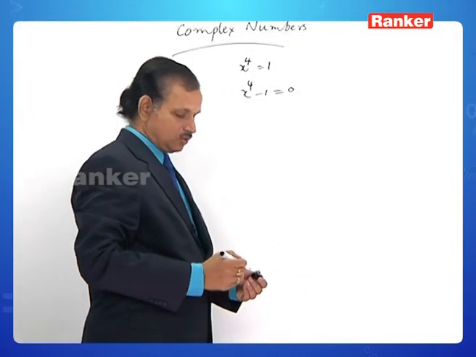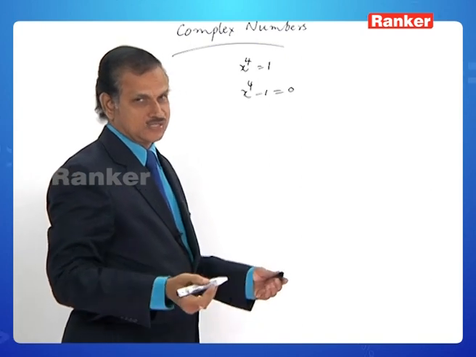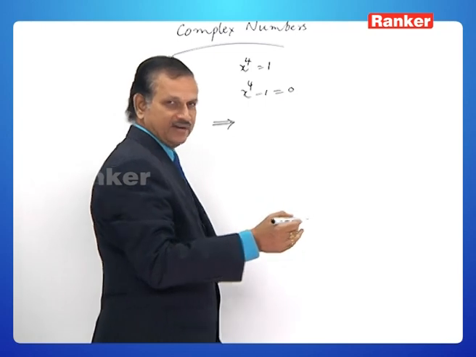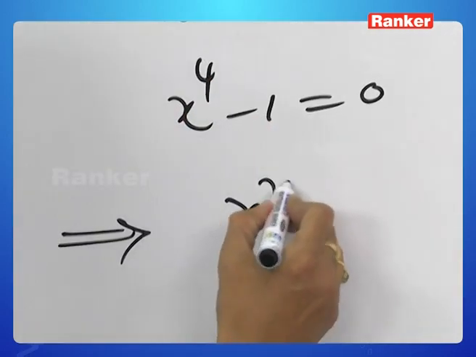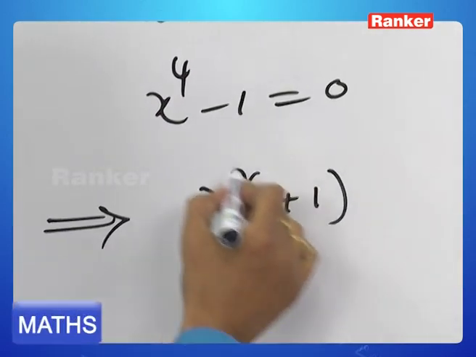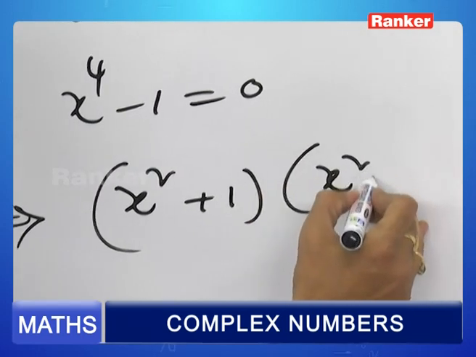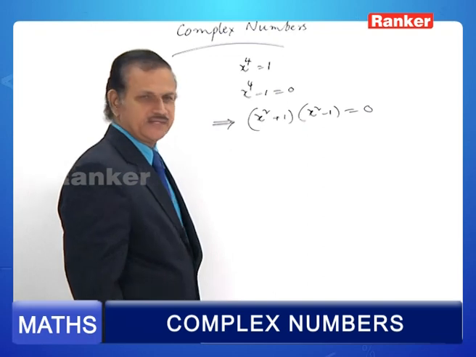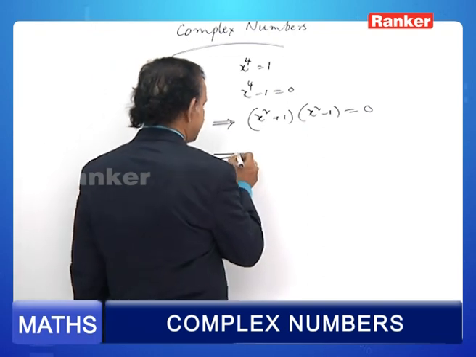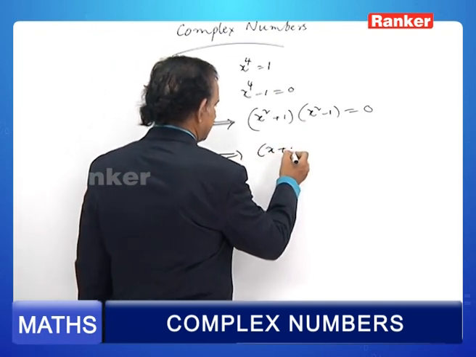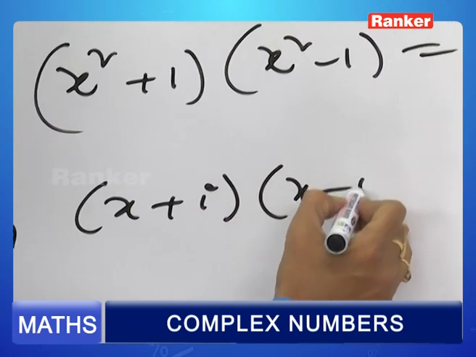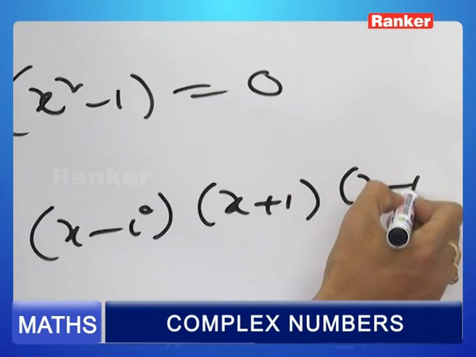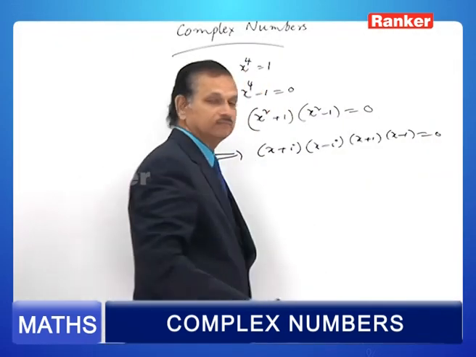x power 4 is equal to 1 implies x power 4 minus 1 is 0. It can be factorized as (x square plus 1) into (x square minus 1). Again, it is an easy matter to go through that: (x plus i) into (x minus i) into (x plus 1) into (x minus 1) is equal to 0.